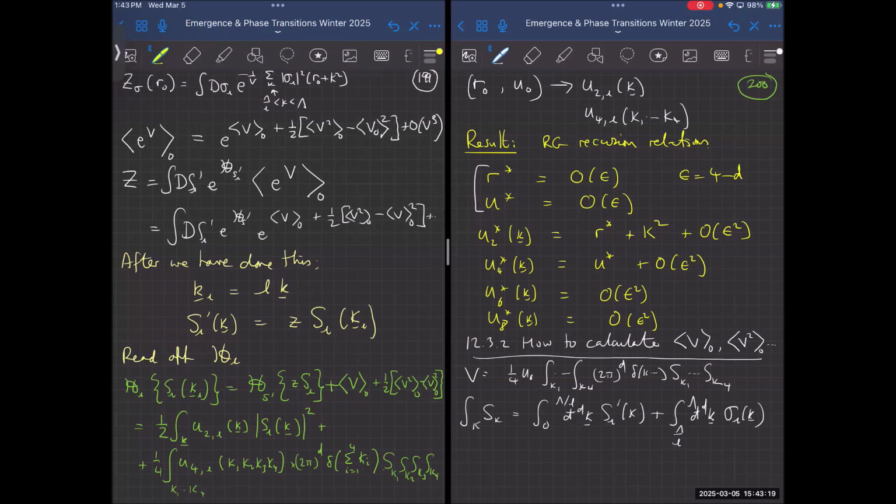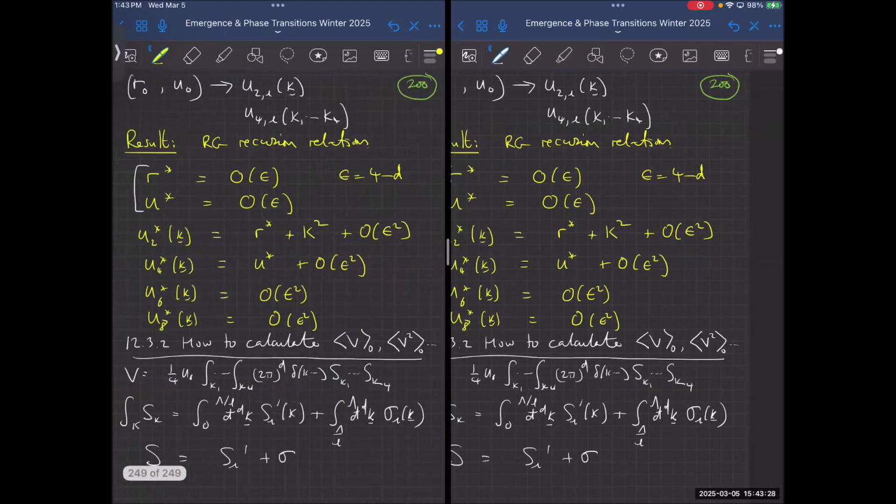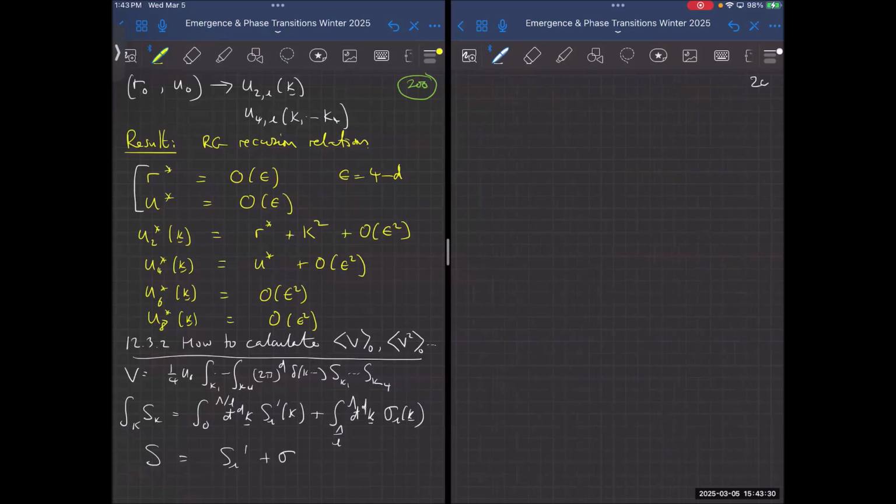So in other words, S is symbolically S L prime plus sigma, but this is all under the integration. So then all these factors of four S's go into terms like this.